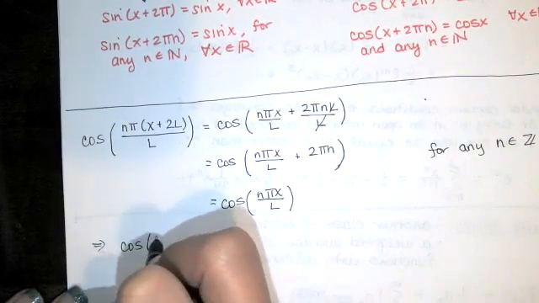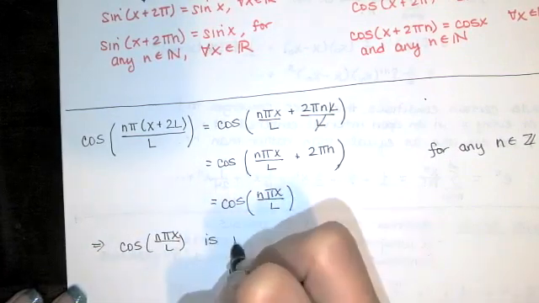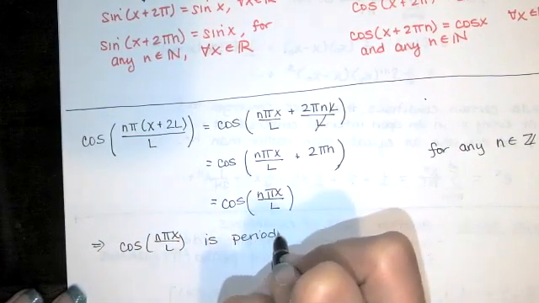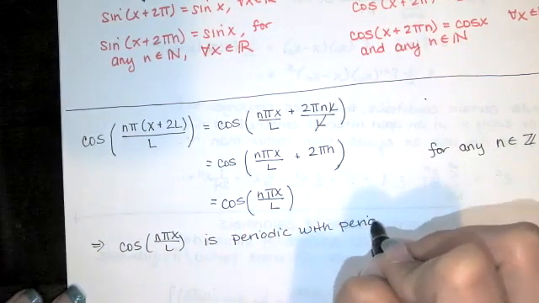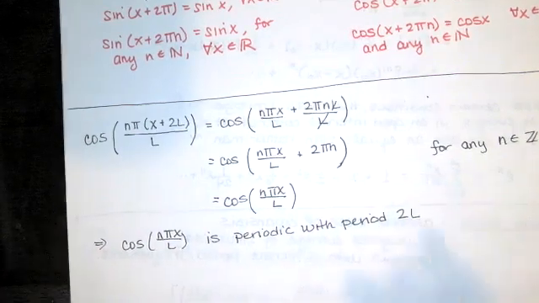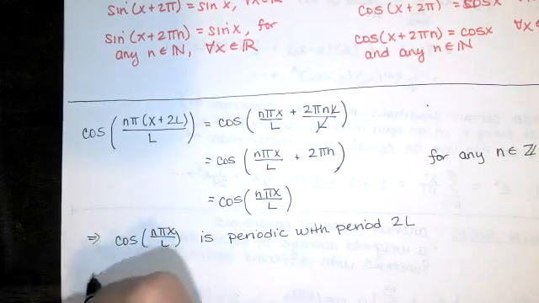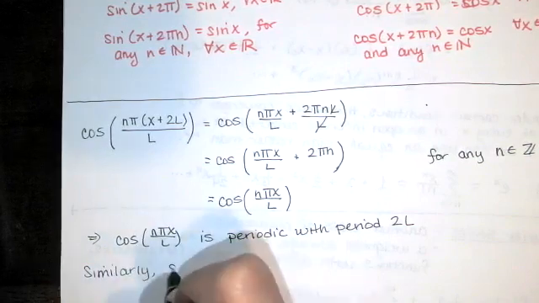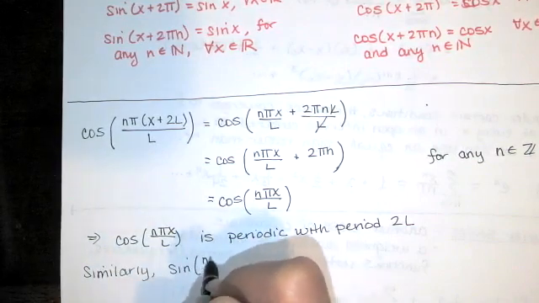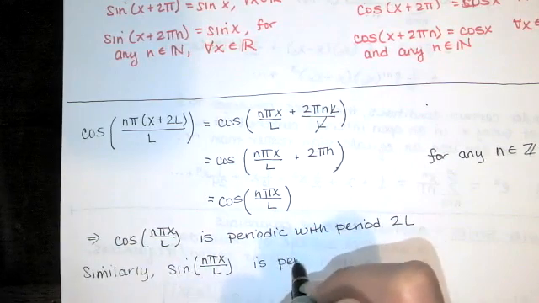So this tells me I've got cosine of n pi x over L. That's periodic with period 2L. I didn't prove that that was the smallest period, but it turns out that that is the smallest period. Similarly, sine of n pi x over L is periodic with period 2L.